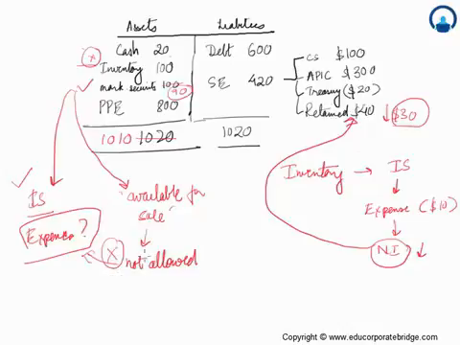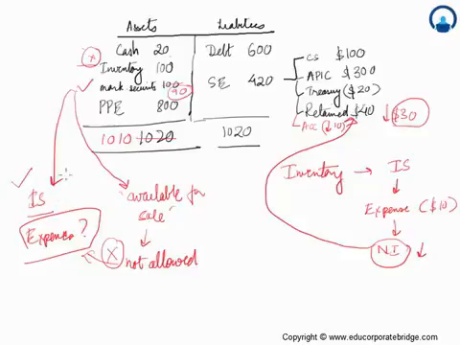So what we need to do in this case is a direct adjustment in the shareholders equity section. Here you will directly adjust, and we will call this accumulated other comprehensive income, and this will get reduced by 10. So here it will be a loss. So you understand where this accumulated other comprehensive income is coming from. There are certain adjustments, certain losses or certain expenses which are not allowed in the income statement.